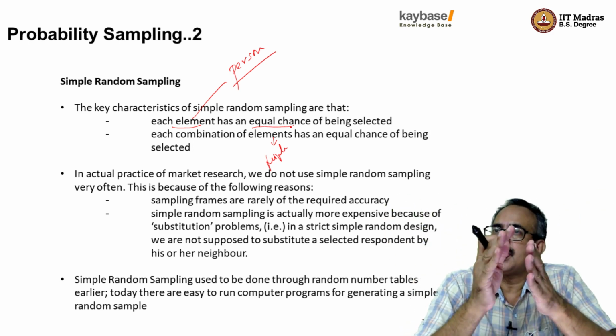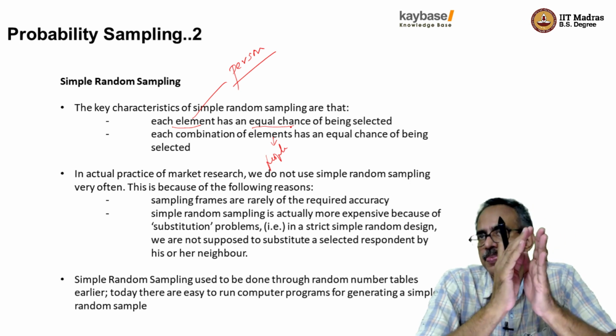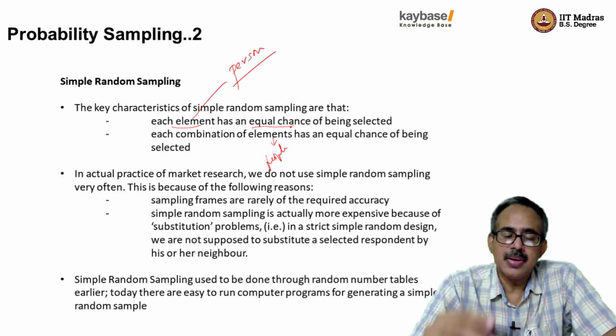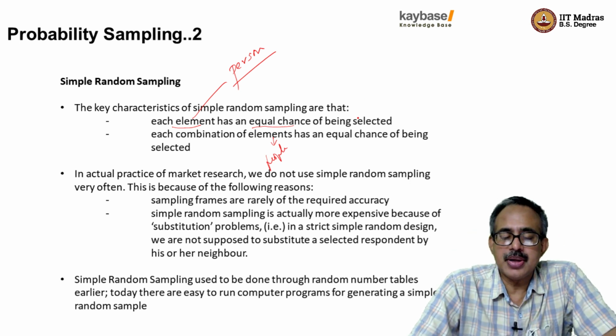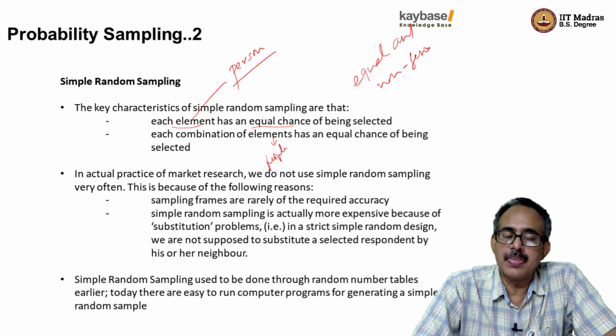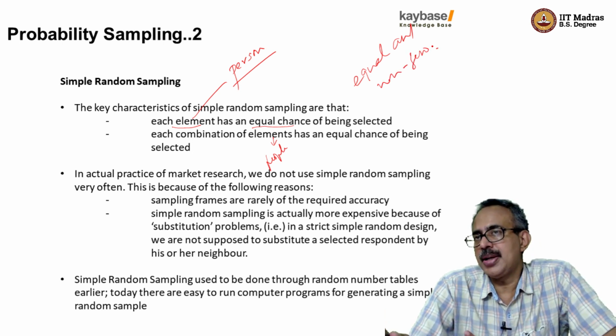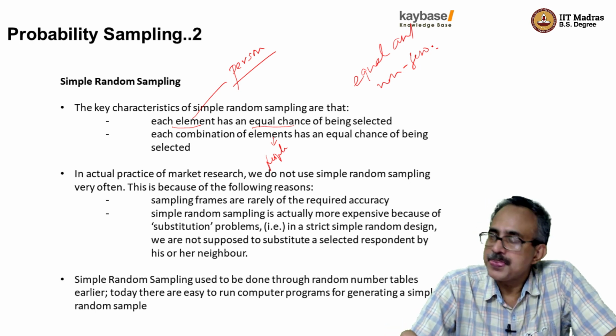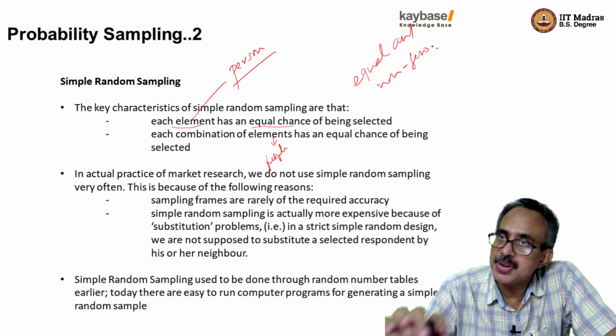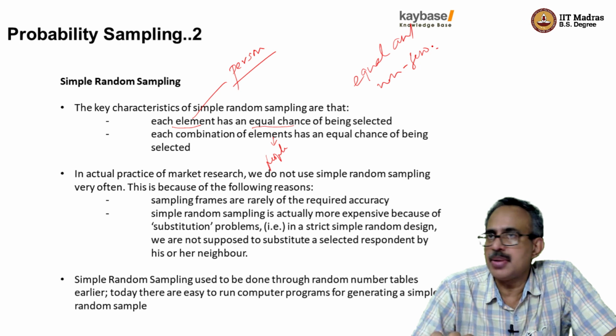All those combinations will have an equal chance of being selected. Okay, equal, and theoretical literature will talk about equal and non-zero. Nobody has 0 chance of being selected. If these 2 conditions are met, it is called simple random sampling.